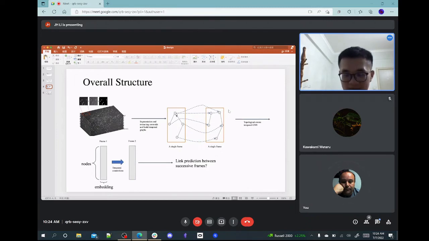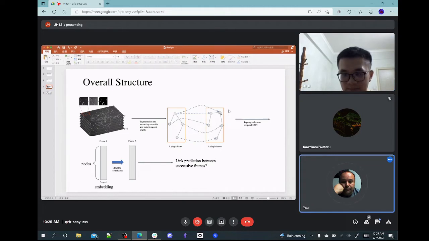Right. So we can think that there is a recurrent neural network, an RNN, and this RNN will take two inputs. The first input is the output of the GNN on this frame.